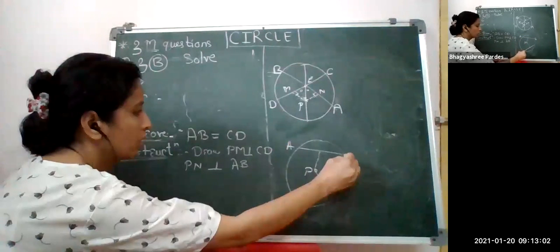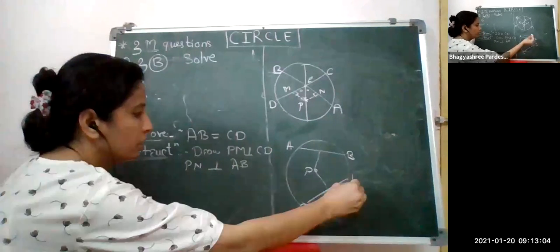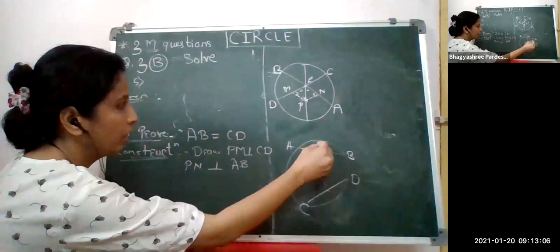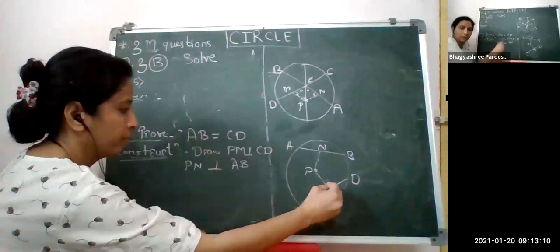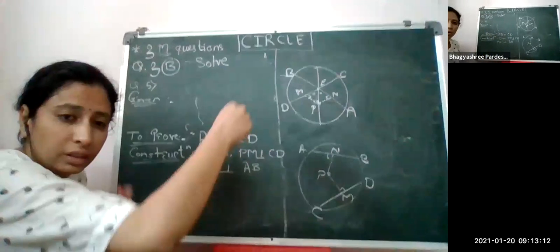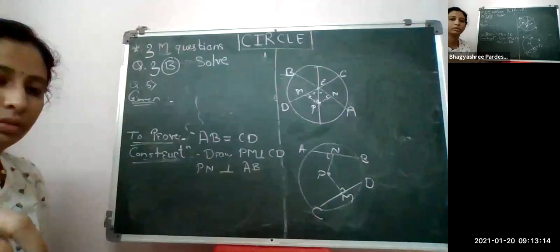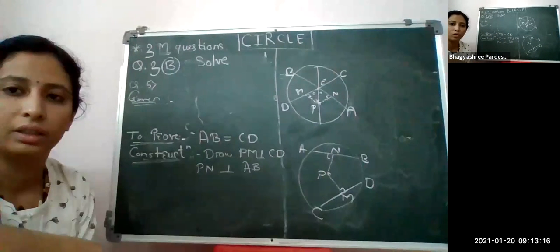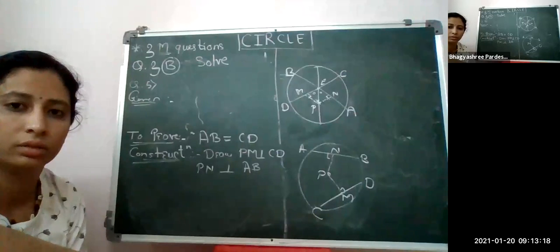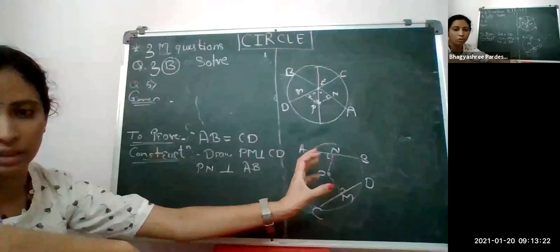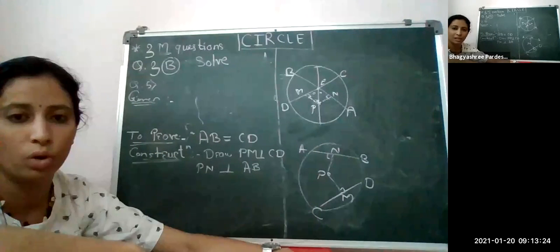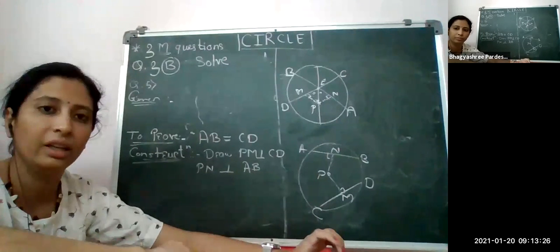This was your chord CD. The perpendicular from P is intersecting at N and at M. Can anyone tell me what to do here? Same works, just change the figure to make your concept clear.